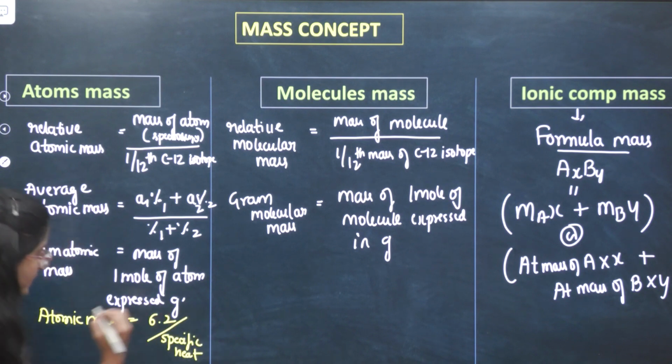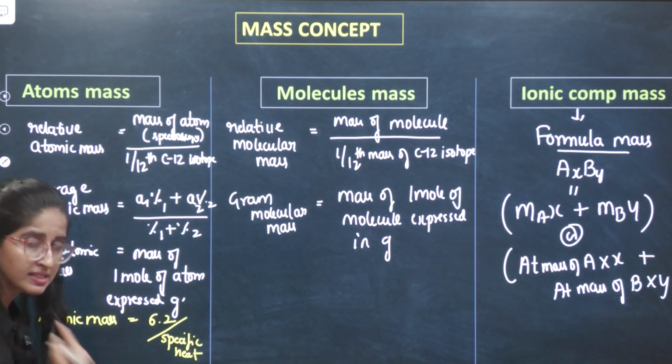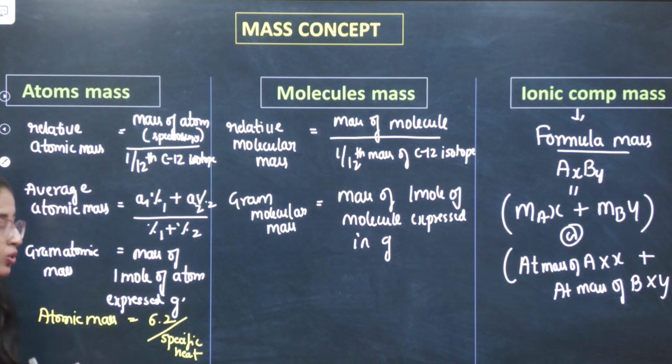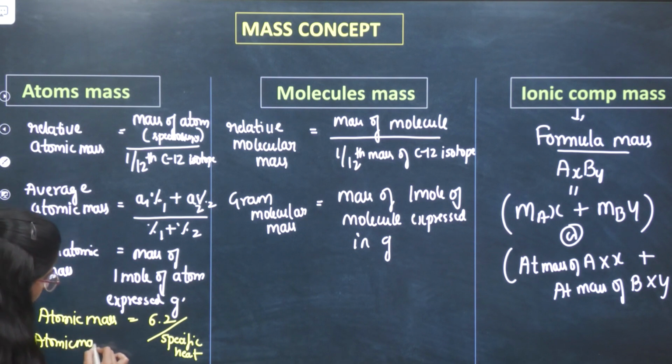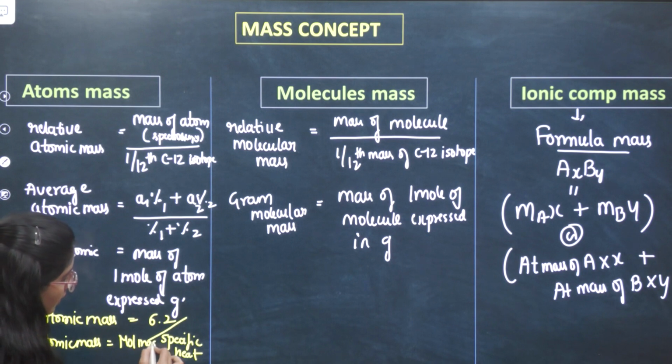If molecular mass is given and you have to get atomic mass from atomicity, then atomic mass will be equal to molecular mass divided by atomicity.